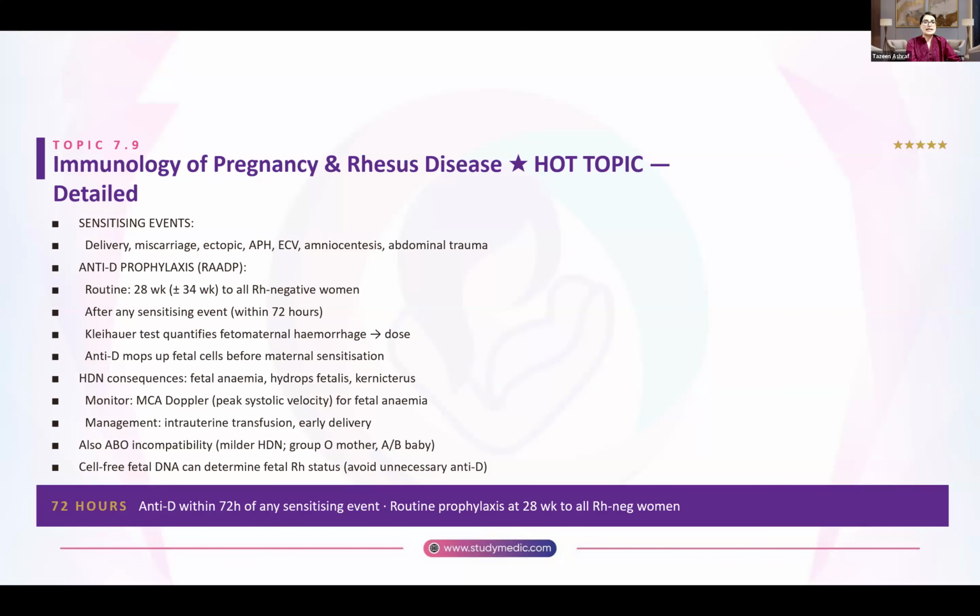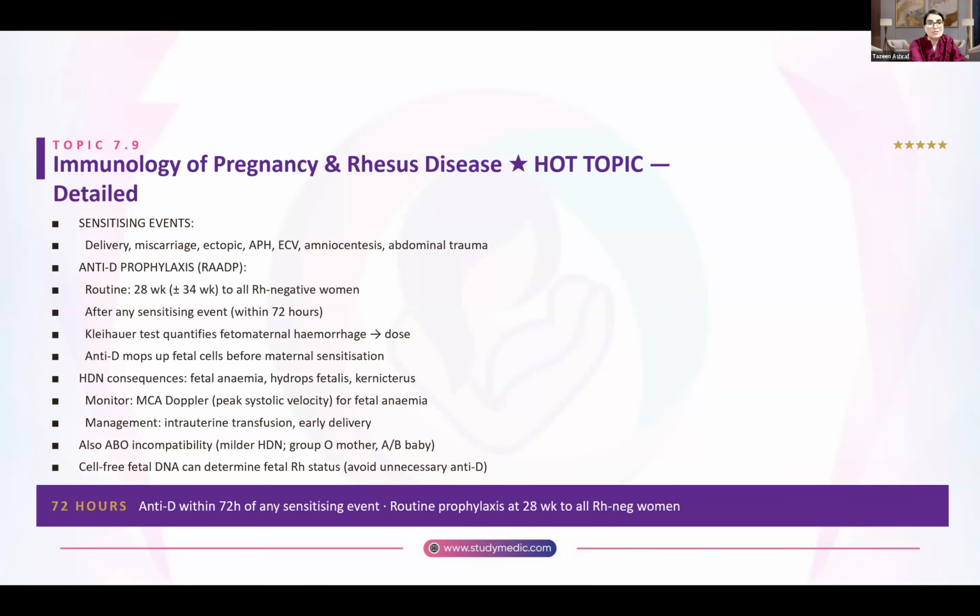The Kleihauer test is done when there is a sensitizing event and we expect there can be a large fetomaternal hemorrhage, so we have to calculate the dose of anti-D. How do we calculate it? 250 international units neutralizes about 15 ml of fetal cells.